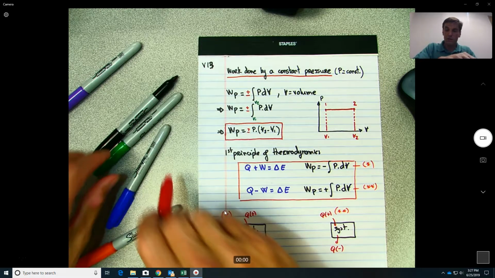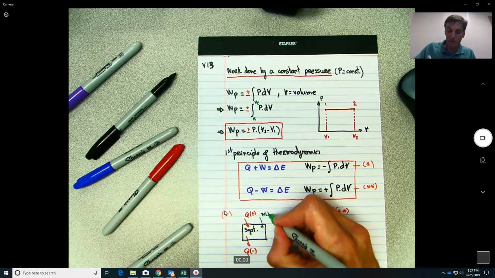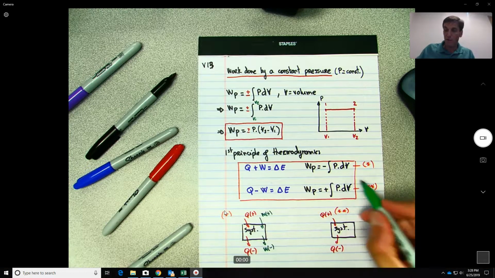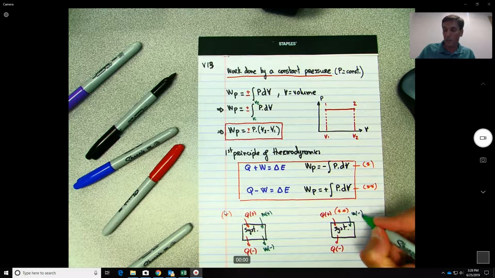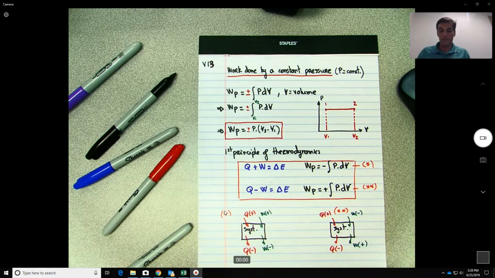But now, work going into the system here will still be positive, and work going out negative. But in this case, work going in will be negative, and work coming out will be positive.